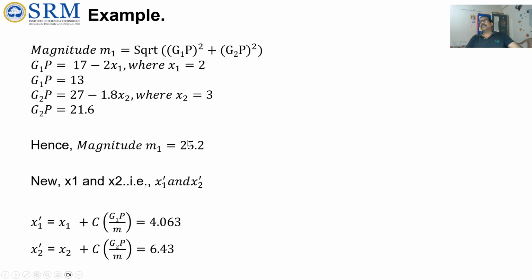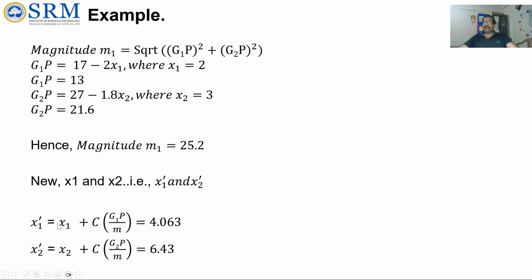So gradient of x1 we calculated, gradient of x2 also we calculated. Then we need to calculate the magnitude value. Why do we need to calculate the magnitude value? In order to find the new coordinates x1 and x2, we need to consider the current coordinate plus step size times the gradient value divided by m. So this is the m1 or m2.